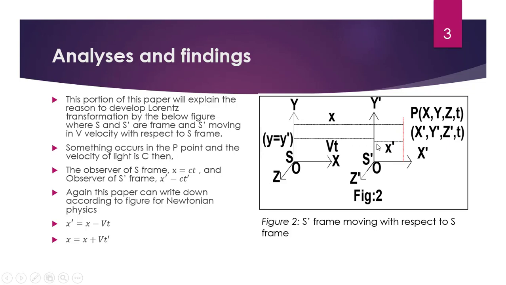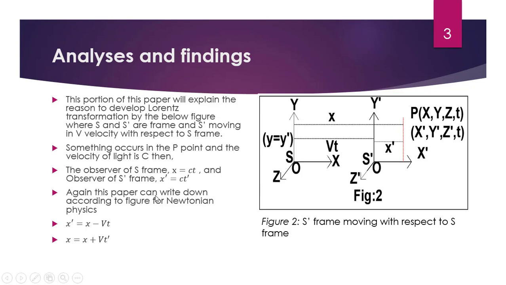Something occurs at point P, and the velocity of light is c. Then the observer of the S frame has x equal to ct, a distance ct at time t later, and the observer of the S dash frame has x dash equal to ct dash.